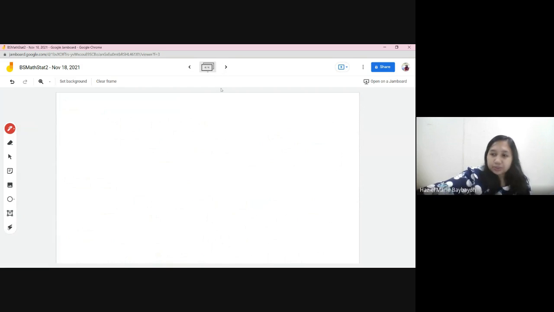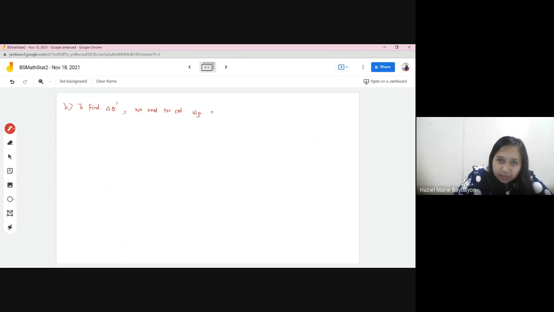So, in order to solve for the change in the angular displacement, which we can write as delta theta prime, for letter B we need to set our final angular velocity to be equal to 0. Okay?